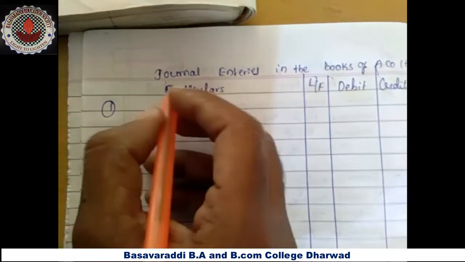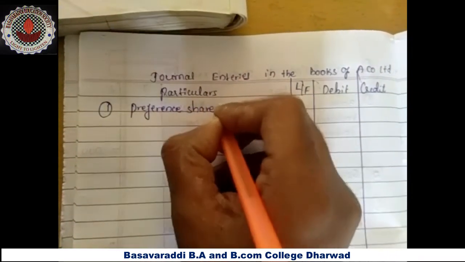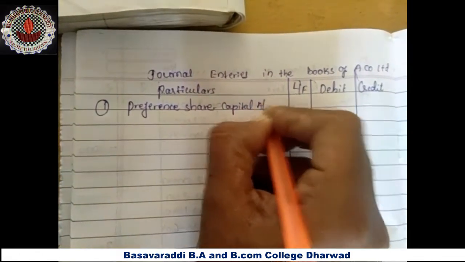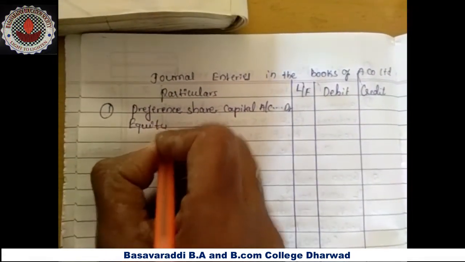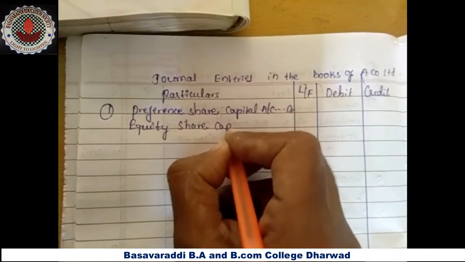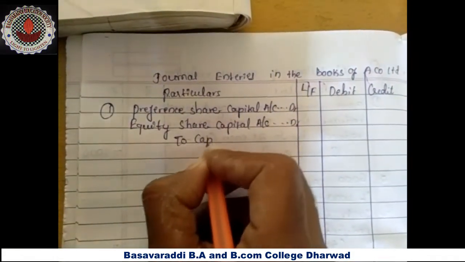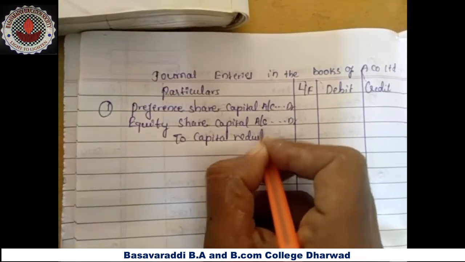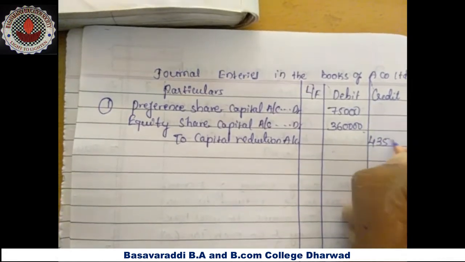Now first entry: preference share capital account debited, next equity share capital account debited, to capital reduction account, that is amount 75,000 plus 3,60,000, total 4,35,000.